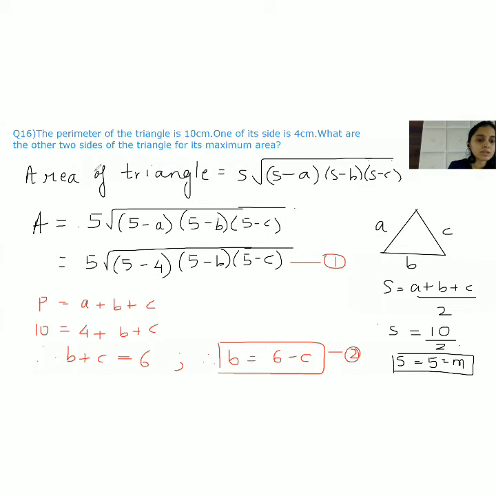So this is area equal to, and this is 1. What we can say now is substituting equation 2 in equation 1.